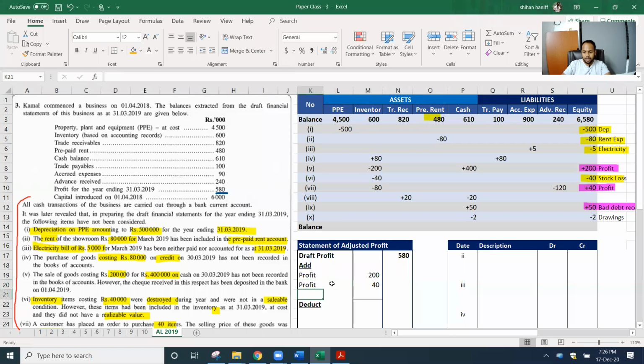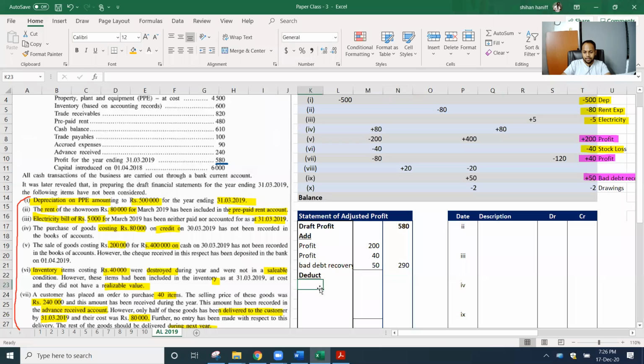Profit of 40, and bad debt recovery 50. So total increase in the profit is 290.